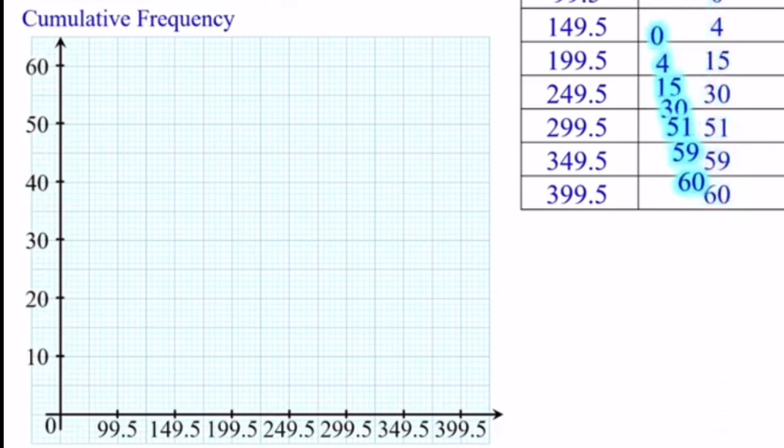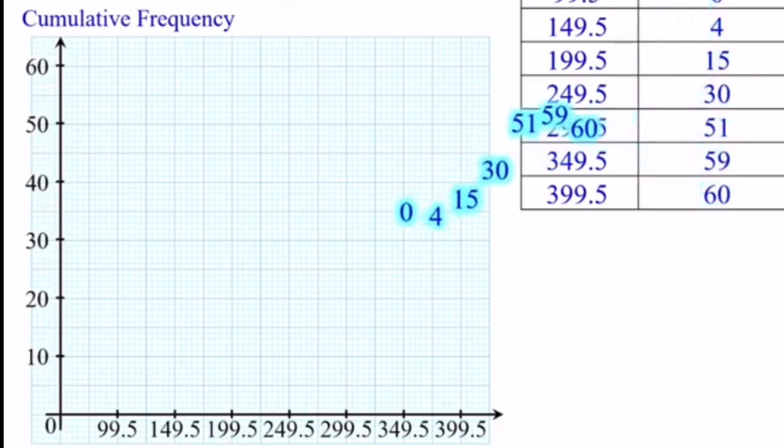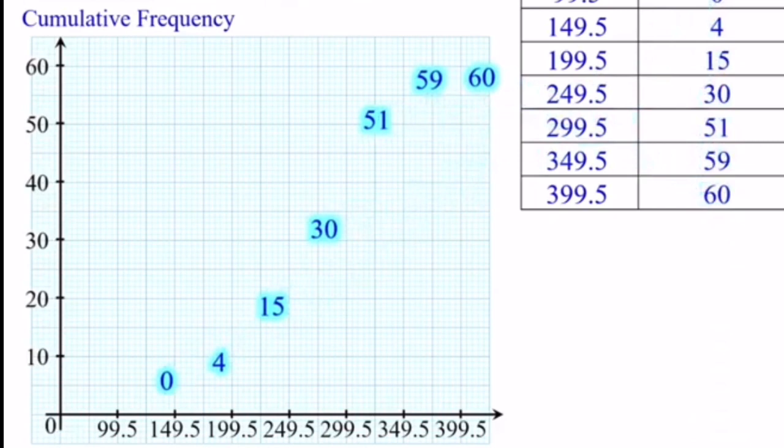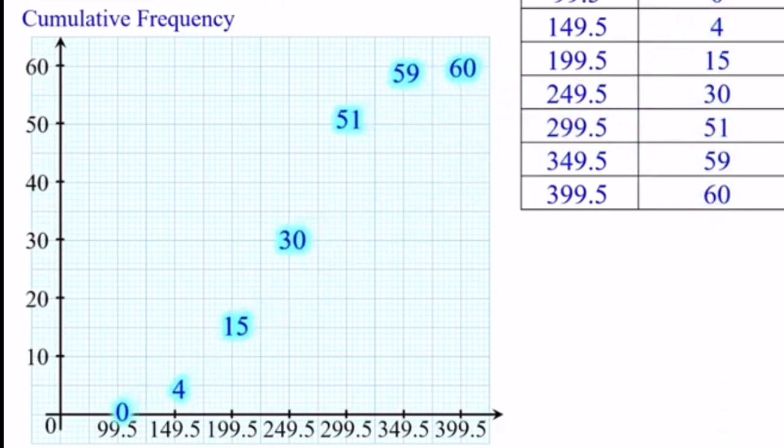Let's do it now, starting from 0 to 4 to 15 to 30, 51, 59, and 60. You will observe that the shape is actually an S shape, and we will use a cross to label.